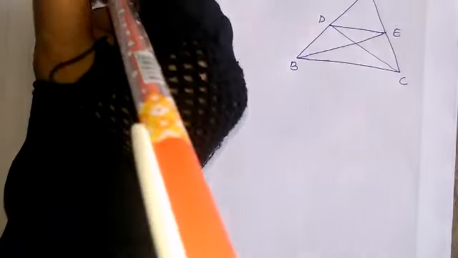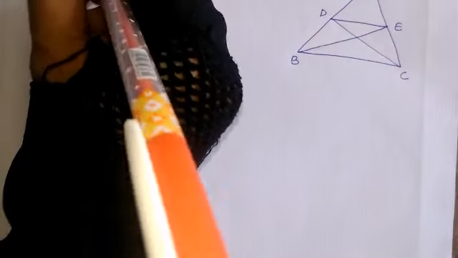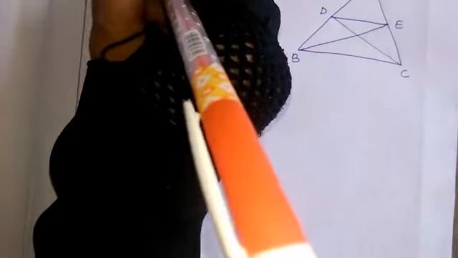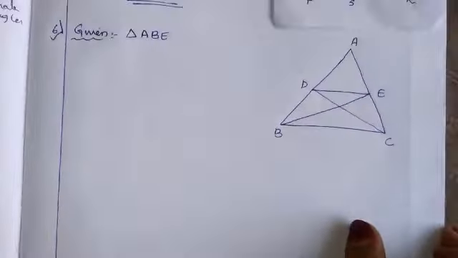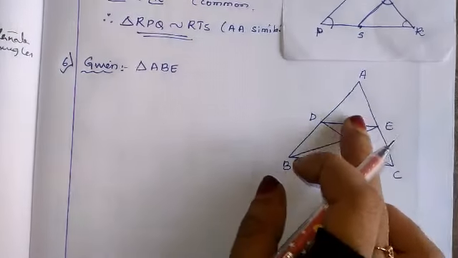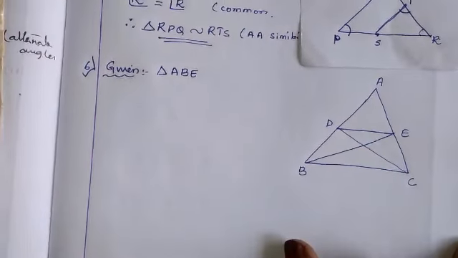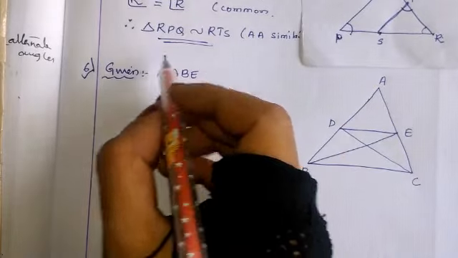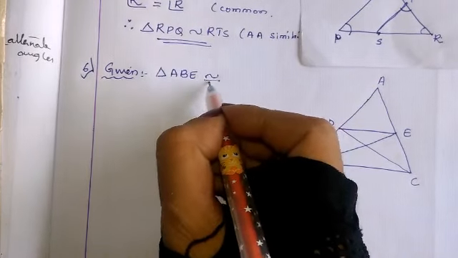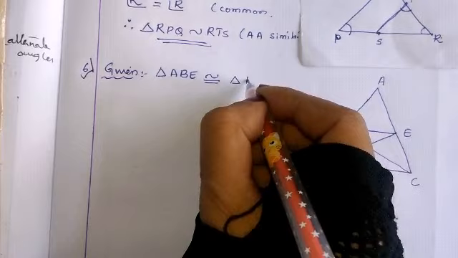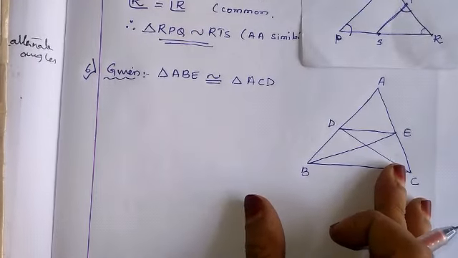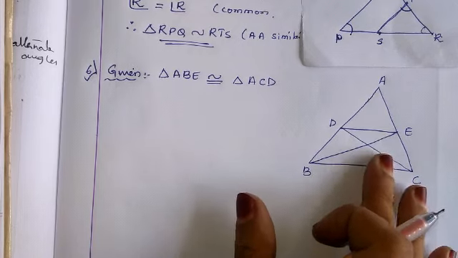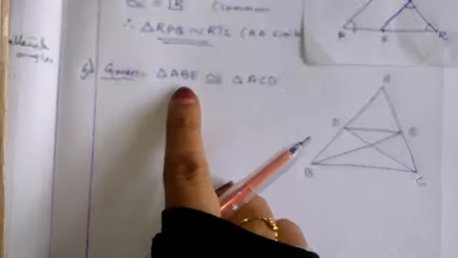Now what they have given, triangle ABE. This figure we have drawn. Now they have given triangle ABE is congruent to triangle ACD. This is the drawn figure from the textbook, and it is given.